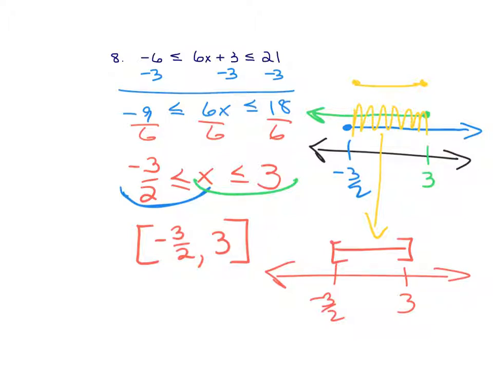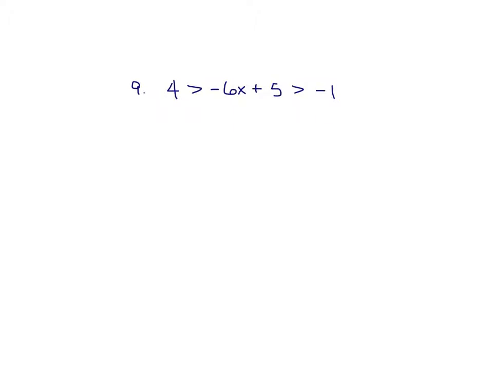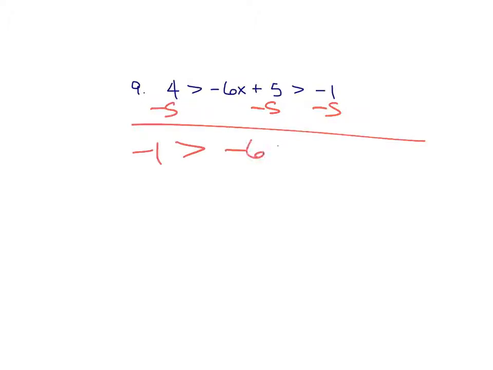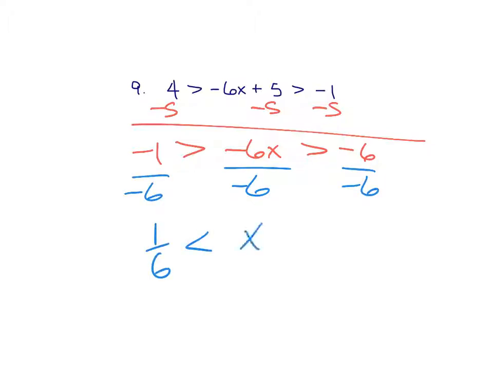Let's do another one. Compound again. This time we're going to reverse. We're still going to subtract 5. Negative 1 greater than negative 6x greater than negative 6. Notice I'm dividing by negative 6 to isolate x, so this time I reverse all my symbols to the opposite of what they were.